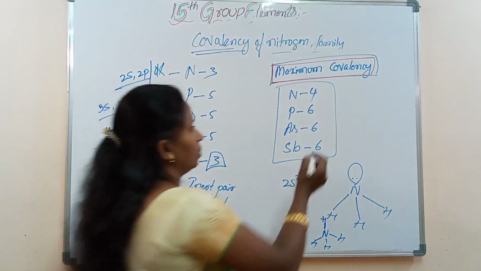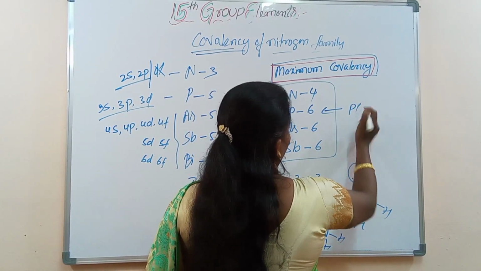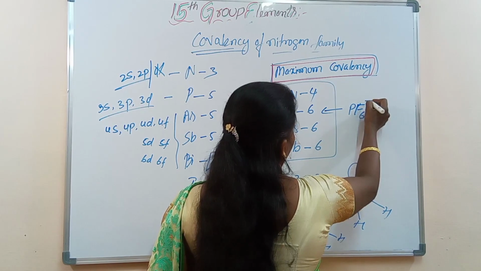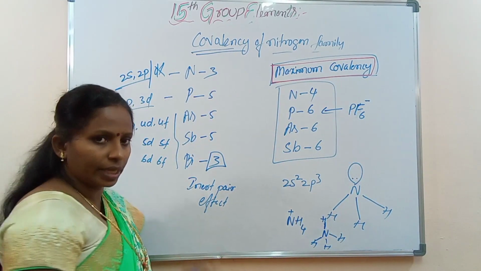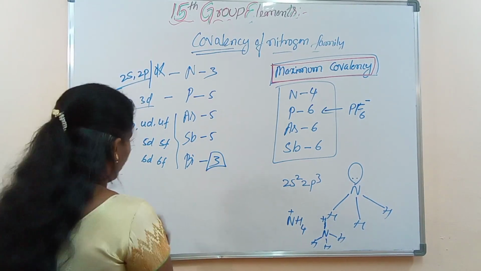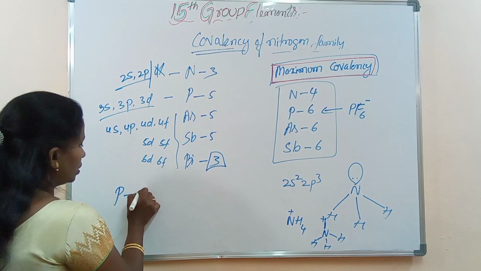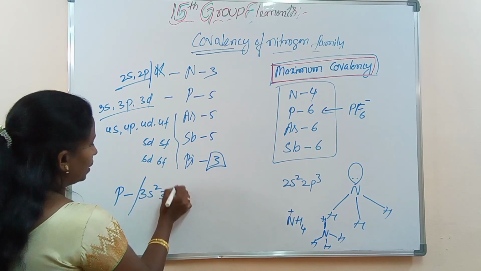Phosphorus also, for example in the case of PF6 minus, has a covalency of 6. So look here, for phosphorus, 3s2 3p3.